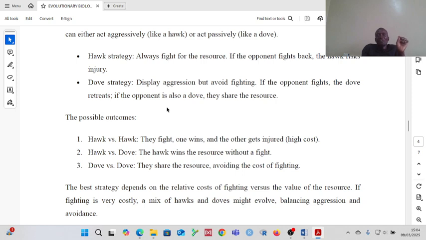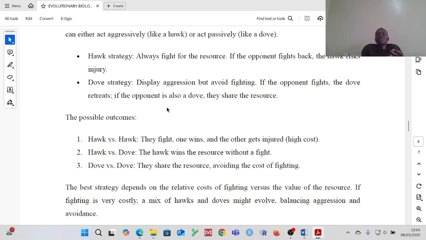In the case of a hawk versus a dove, the hawk is likely to win the resource without a fight. Because remember, the hawk wants the resource, even if it means fighting for it. But the dove wants the resource, but it cannot fight.